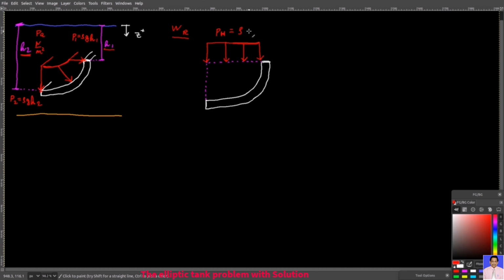So in this case, it would be rho g times H1. However, the pressure on this block from the side does change, but it changes linearly with depth. So for example, here you have pressure equals rho g H1, that's this side, and then here you have pressure equals rho g H2, which is this side, but now the change is linear.